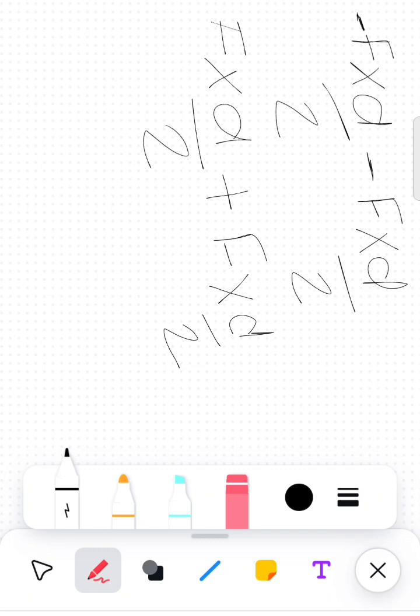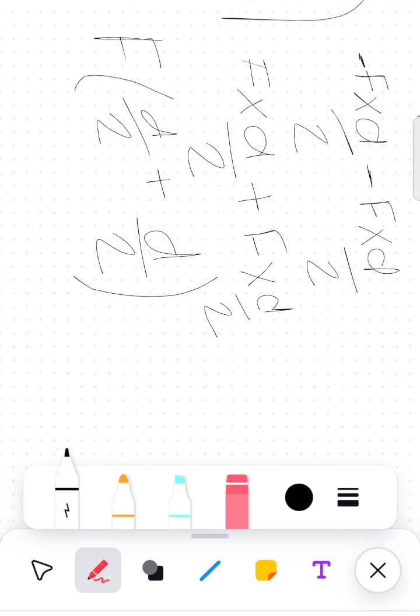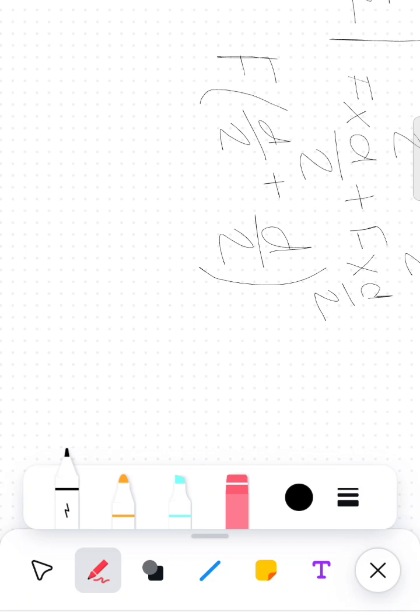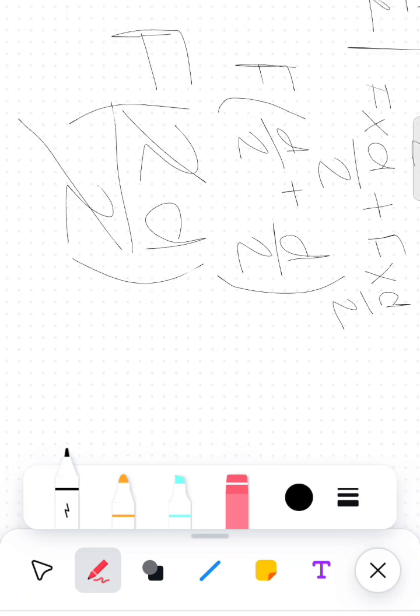Here we can take F as common, so F in braces d by 2 plus d by 2. To add them we will take LCM, and after taking LCM the result will be this, and 2 and 2 will get cancelled.